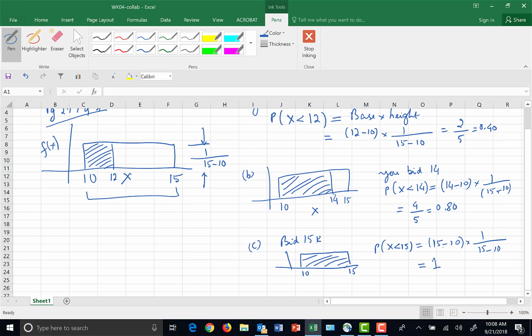And intuitively that makes sense. If your competitor is going to bid somewhere between 10 and 15, nothing outside that range, then if you bid $15,000, you're guaranteed to win.